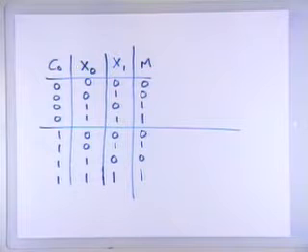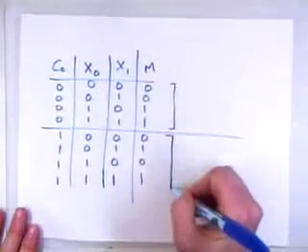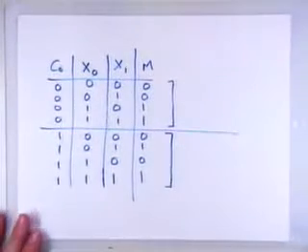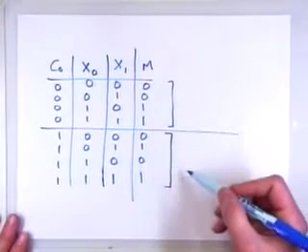Now, I could design the circuit by doing minterms and drawing it, or I can make a much simpler circuit by looking at this and seeing that I can separate this into 2 cases, half of it where C0 is false and half of it where C0 is true, right? And then I could OR those things together if I wrote a function for this and a function for this.